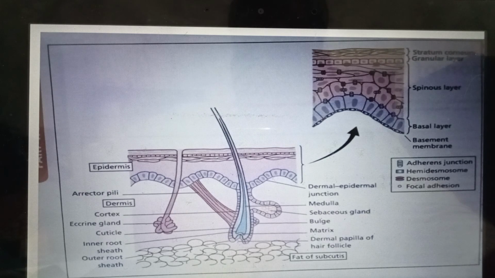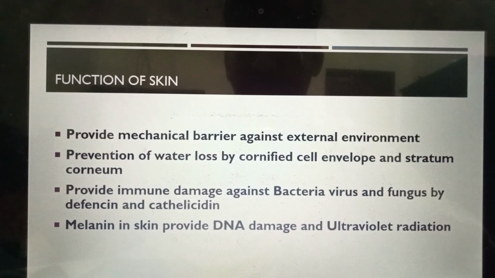Above the dermal papilla is the matrix, which provides nourishment for the upcoming hair. So this is all about the structure of skin and its layers. Now I will discuss the function of skin in the next slide.